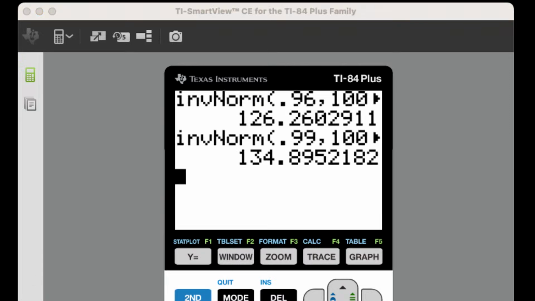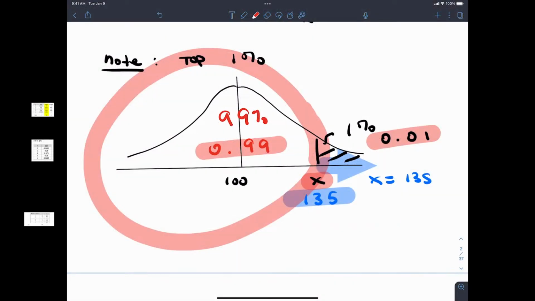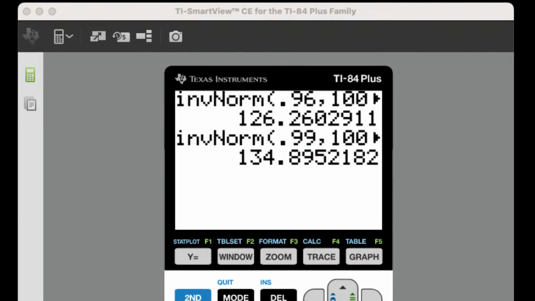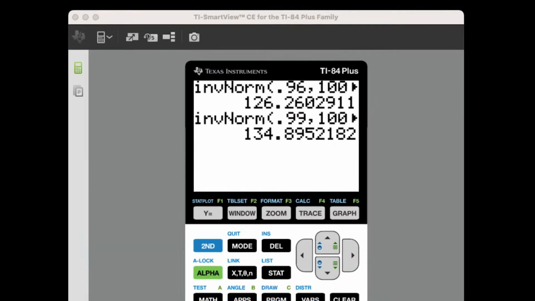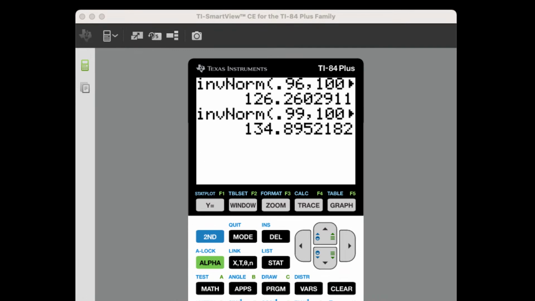What is this? Is it 135? So the default, you guys see, is the same. 135. So if you guys have that default, you can simply use the area to the left. Okay?